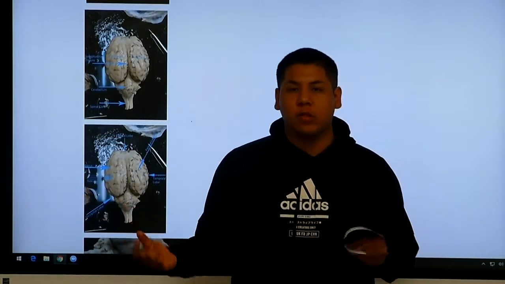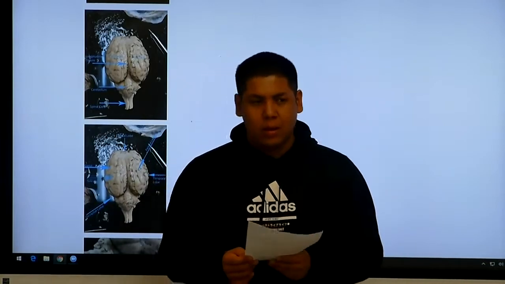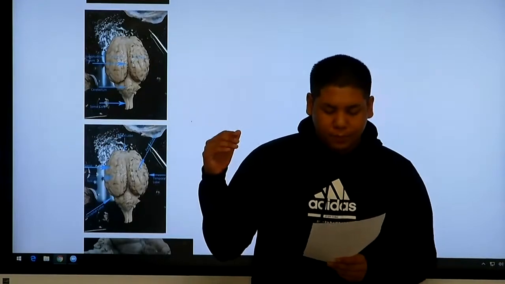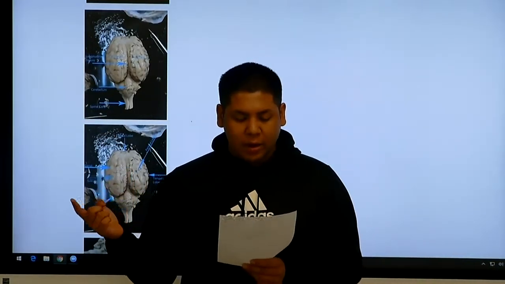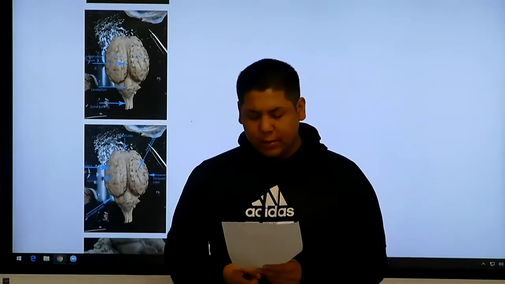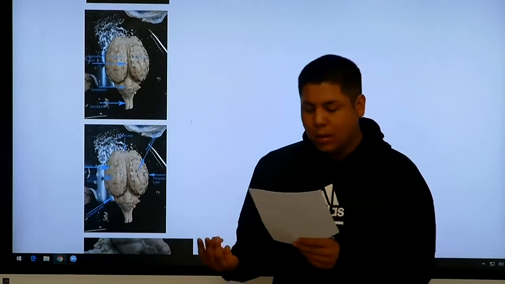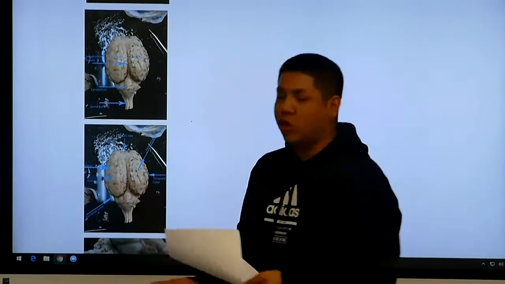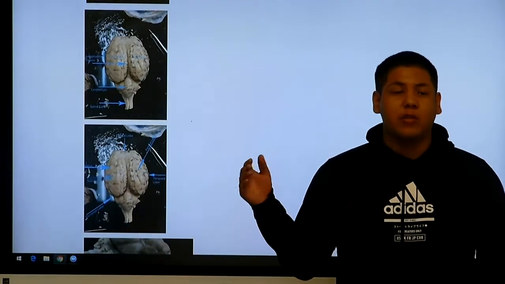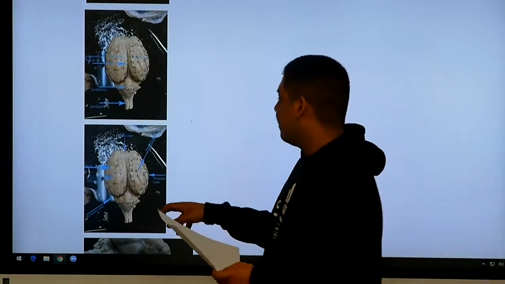You just have to know the 3 terms. So the first one is the pia mater, the arachnoid layer, and the dura mater. So just make sure you know those are the 3 layers of the meninges.